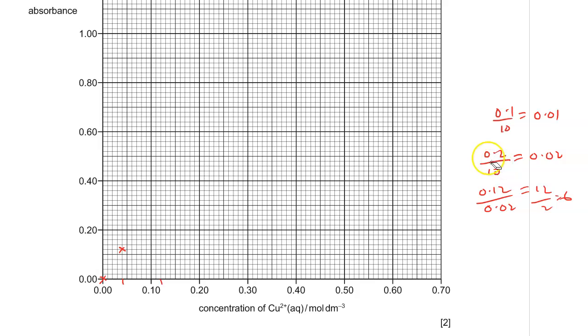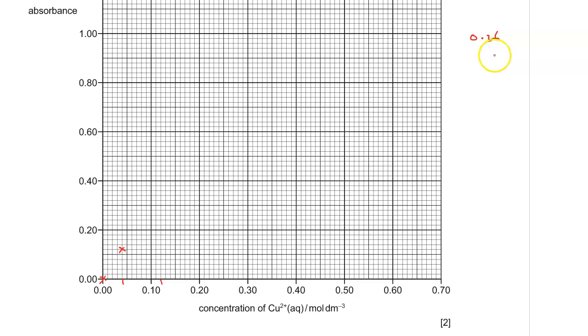So 0.36 divided by 0.02. This will give us 36 divided by 2, which is 18. So this is 10, and 18 is here. So right there.